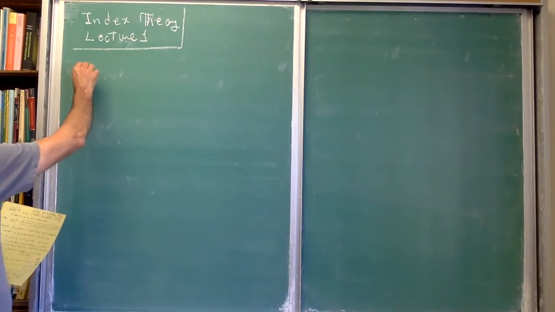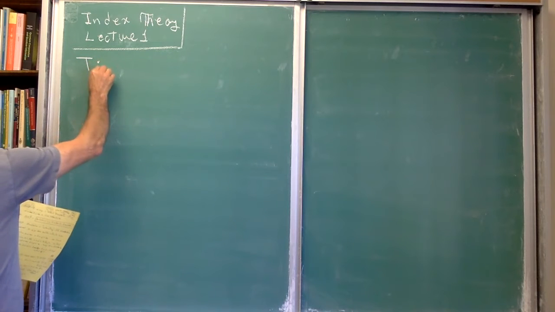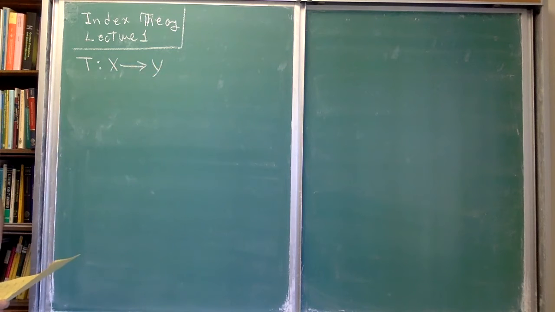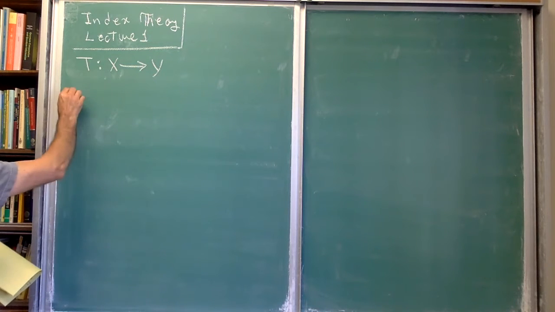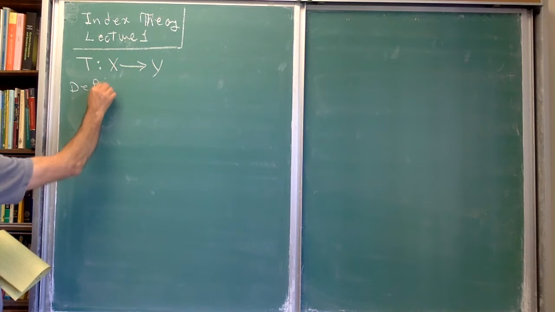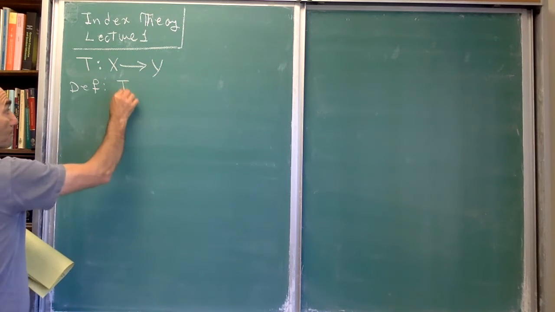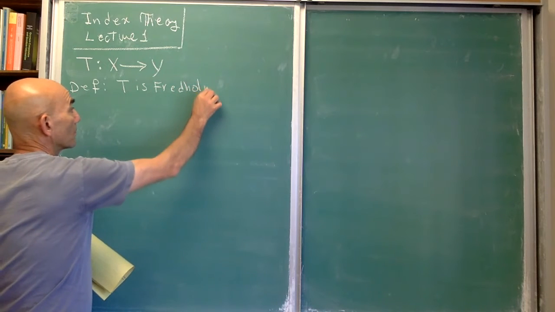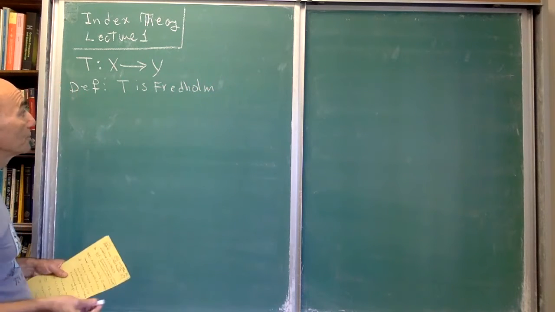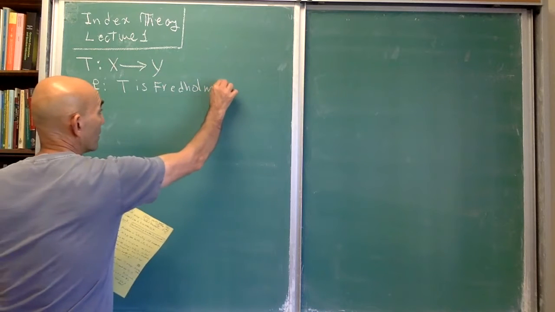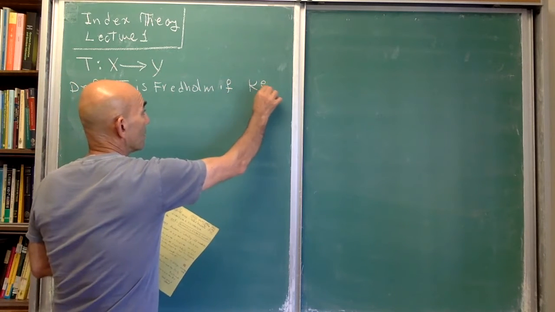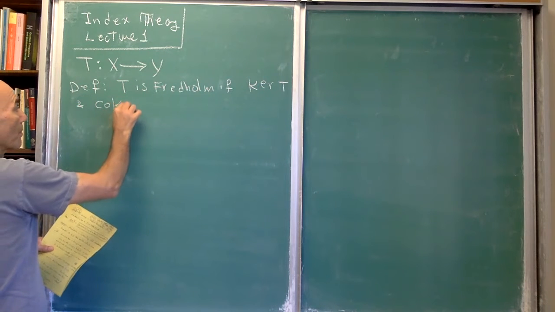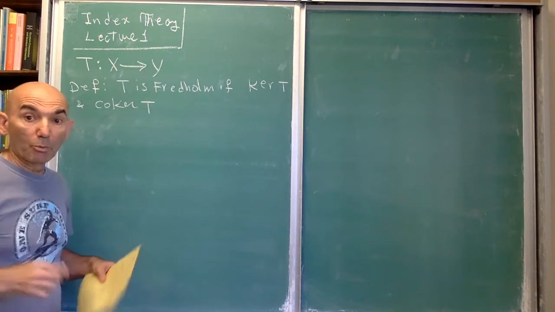Okay, so imagine you have an operator T from one vector space to another. This operator T is called Fredholm if two conditions are satisfied: if the kernel of T and the co-kernel of T are both finite dimensional.